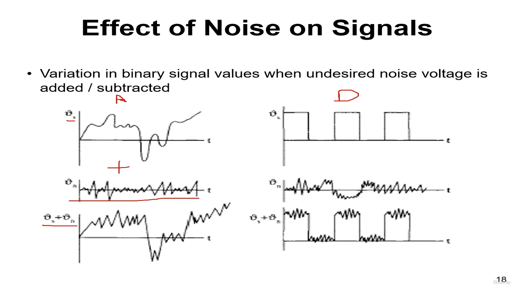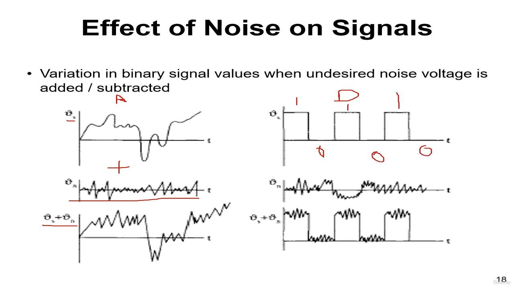Once the source signal and the noise are added, this becomes our resultant signal. If you take a look at the resultant signal, you cannot make out the original information. This is the actual problem that lies in dealing with analog signals and analog systems. On the other hand, if we consider the digital signal, this is a 1, this is a 0, this is again a 1, 0, 1, and a 0.